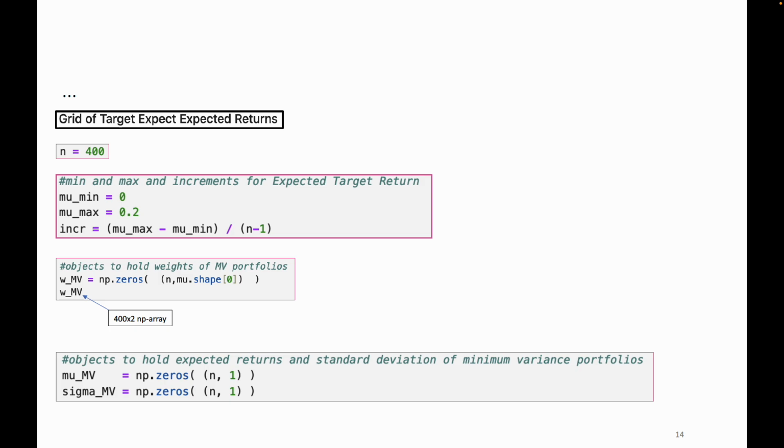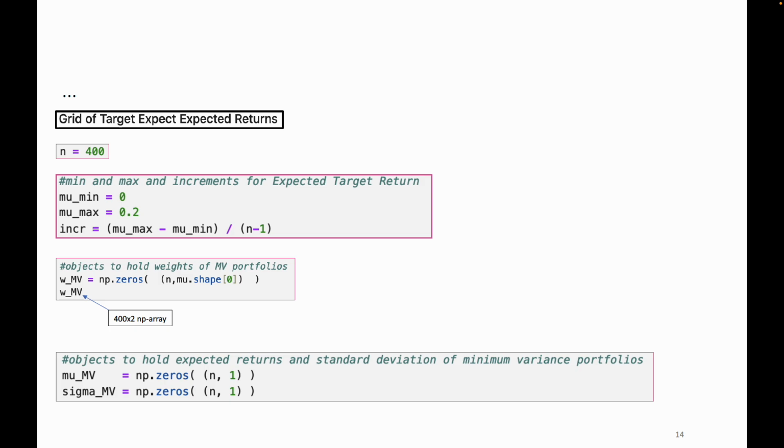And since I have equity ordered first and then the bond, if I take mu.shape[0], I will get a 2. And now I'm placing that after the comma, so it tells me I want 2 columns. And how many rows do I want? I want n rows, and n is 400. So I want a 400 times 2 NumPy array.